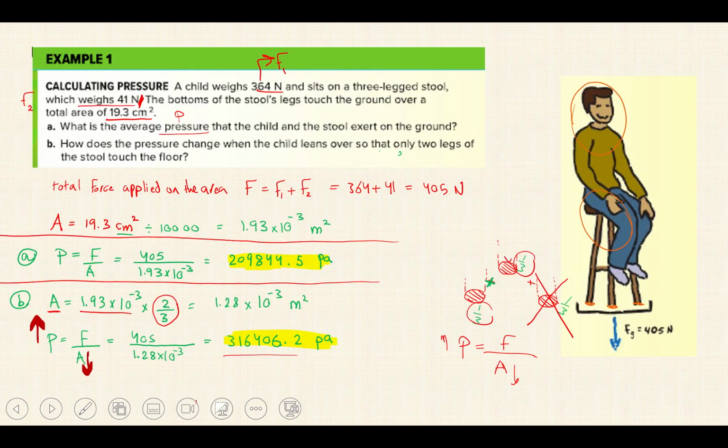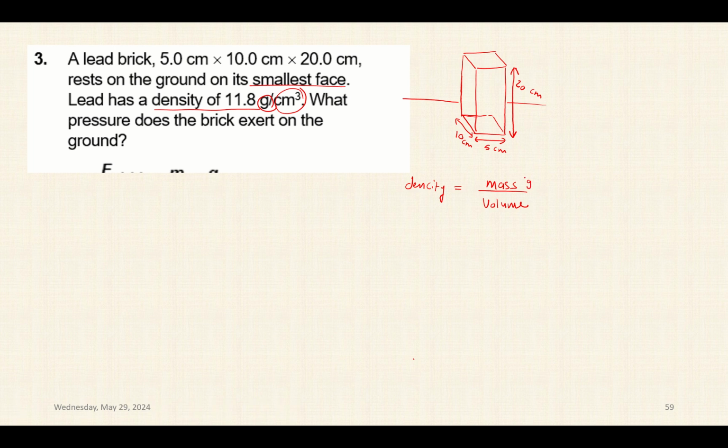So that means that the mass used to find the density was in grams and the volume was in centimeter cubed. The density given was 11.8 grams per centimeter cubed. So this is the density, and this is the length, width, and height of the brick.